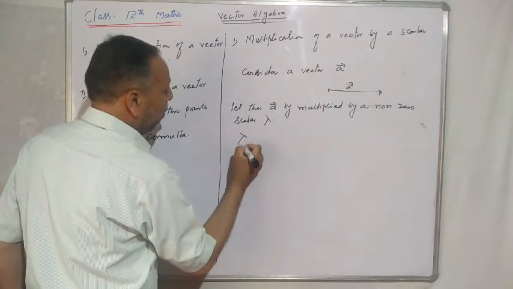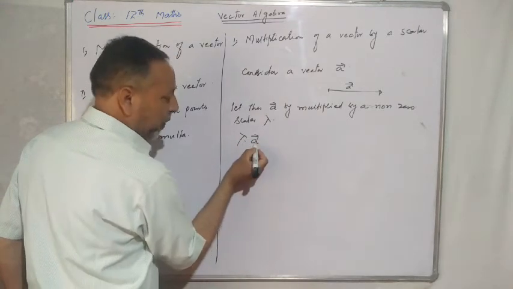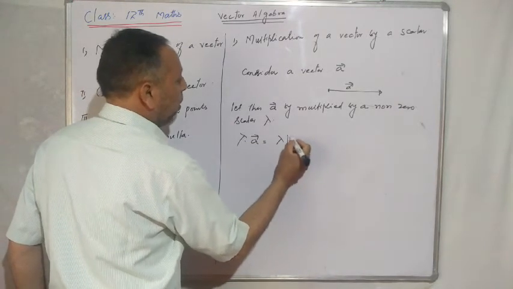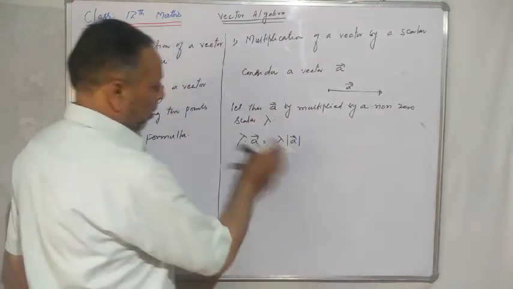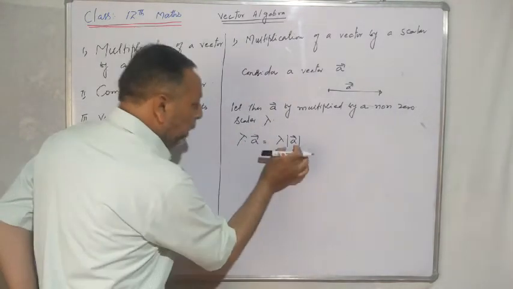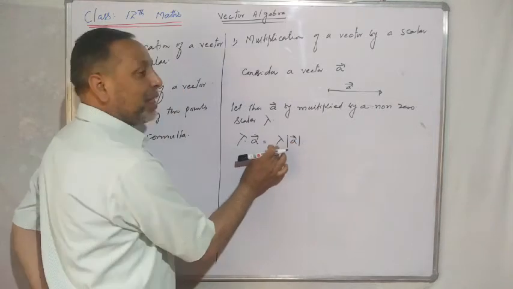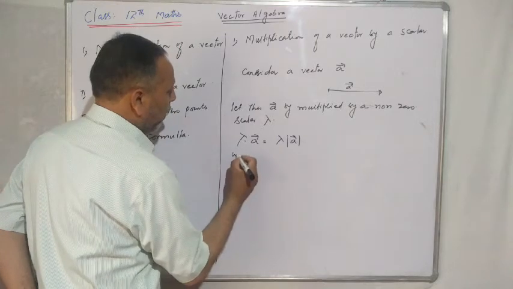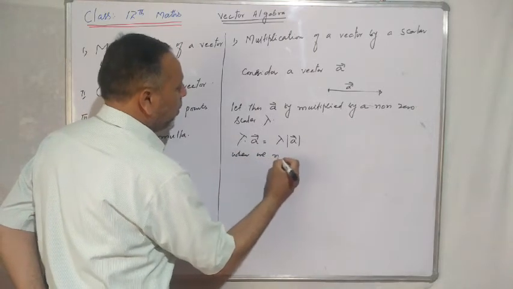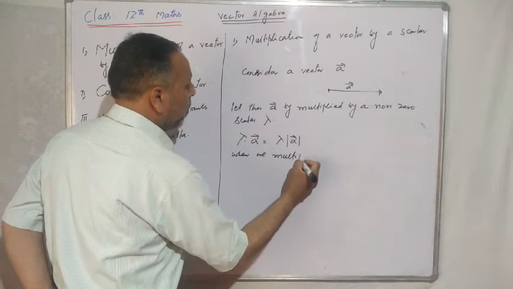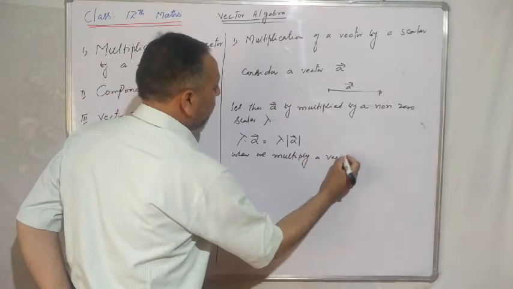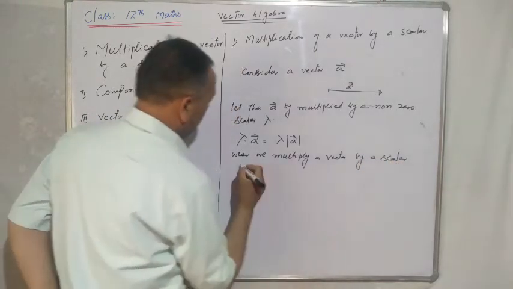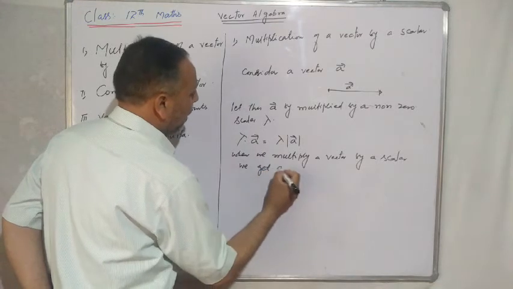That means vector A multiplied by lambda can be written as lambda into vector A. So when we multiply a vector by a scalar, we get a new vector.